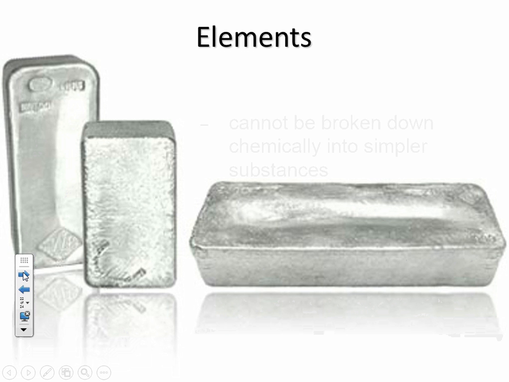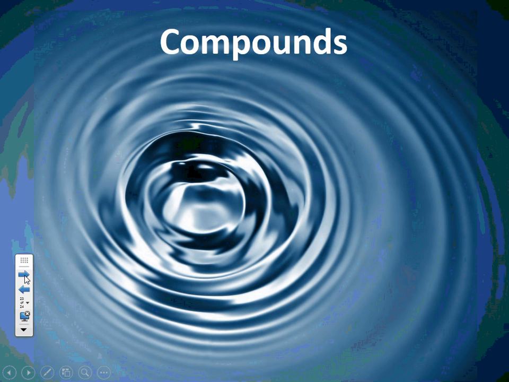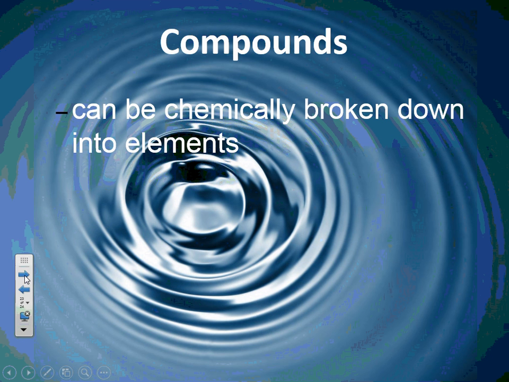So elements, a nice definition is it cannot be broken down chemically into simpler substances. These are bricks of silver, and you can't break down that atom anymore. In compounds, they can be broken down into elements.